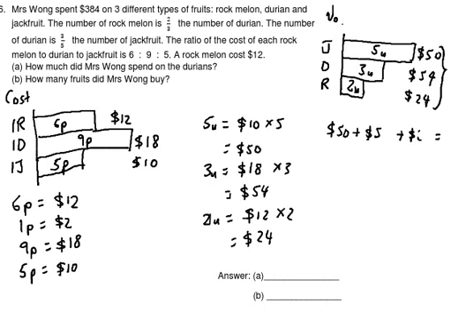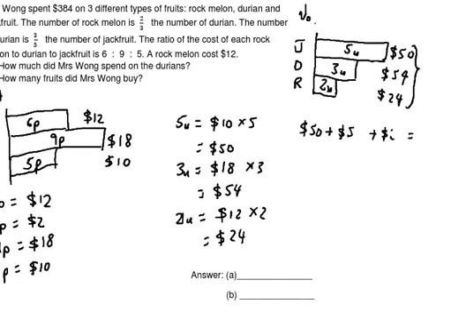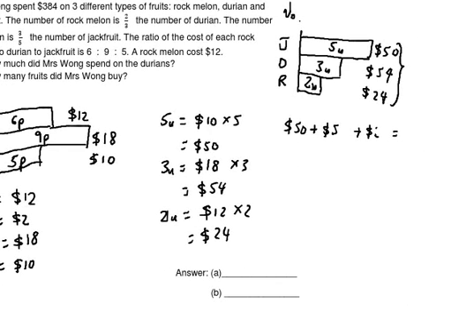Okay, let me try to improve on it. Okay, so 50 plus 54 plus 24. How much do I get altogether? $128. Okay, so this is for one set.